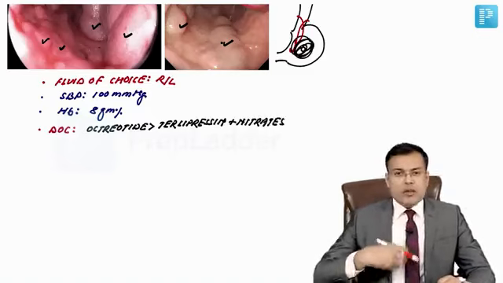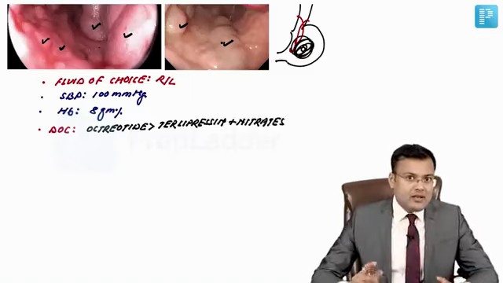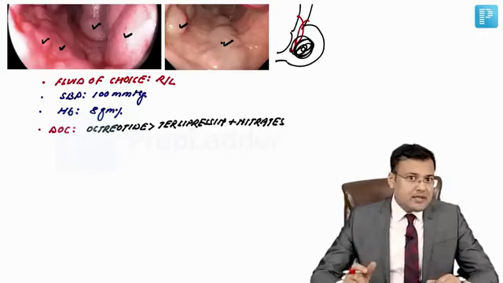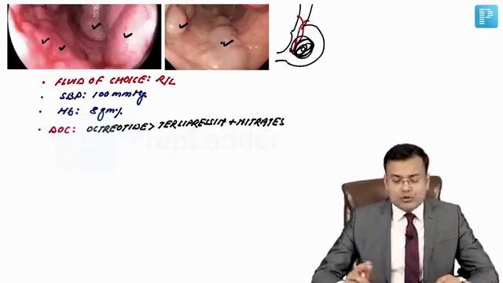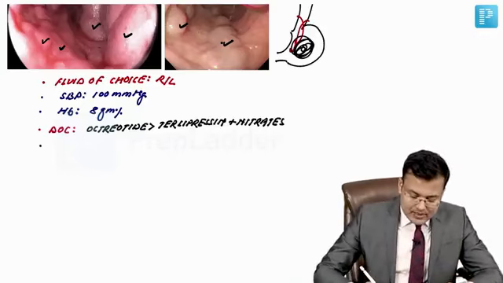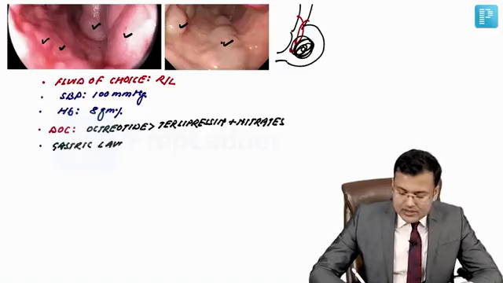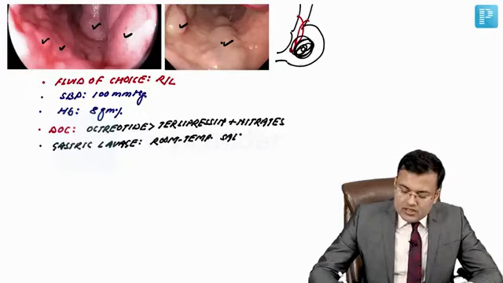So what do we have to do? We have to perform gastric lavage, and it should be done with room temperature saline to prevent hypothermia. You should not use cold saline.